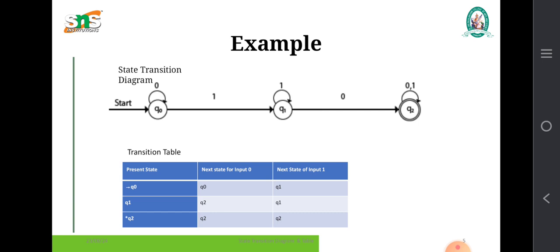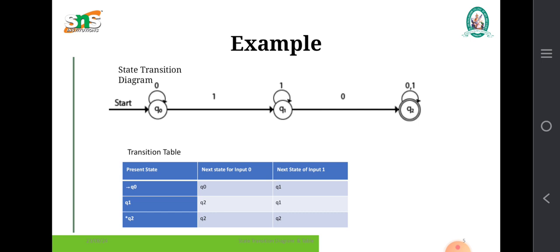By getting 0 as an input, it moves to the next state Q2, and by getting 1, it stays in the same state Q1. That is what is given in the second row.